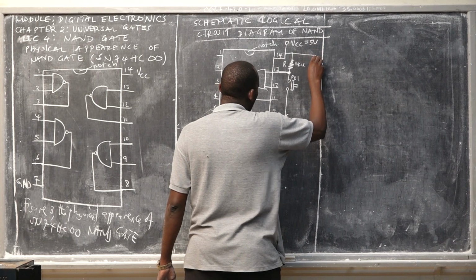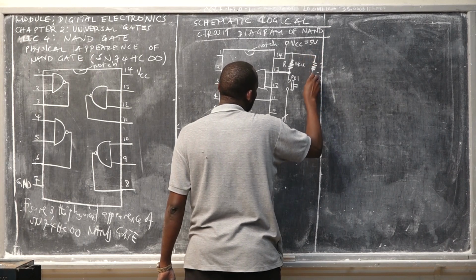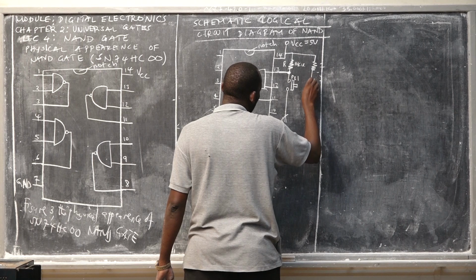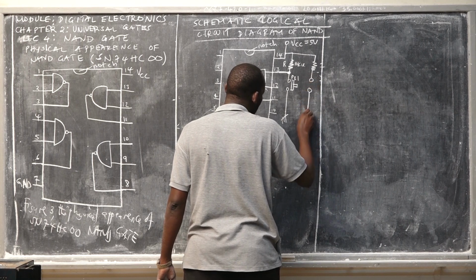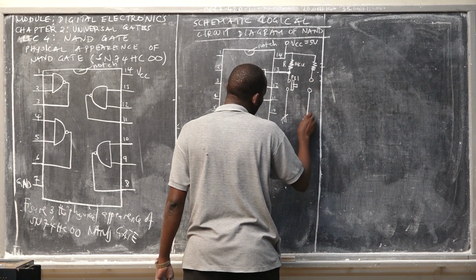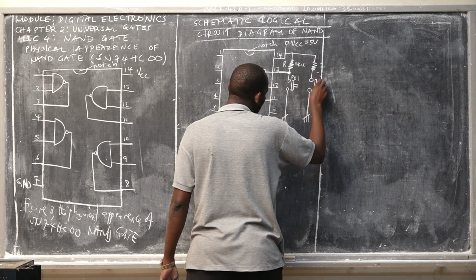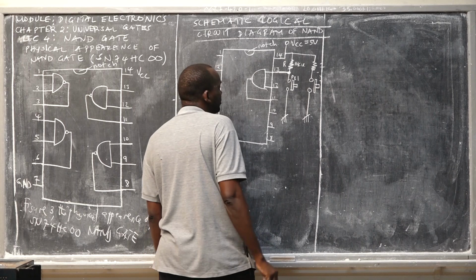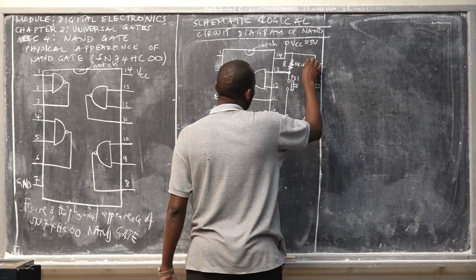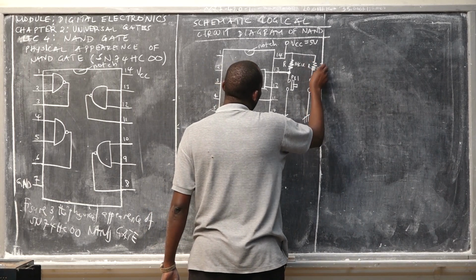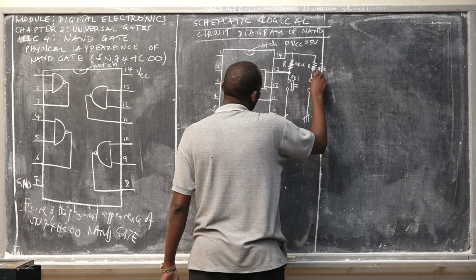Again, we have the other one. We have another push button. This is the resistor, 10 kilo ohm. This is push button number 2.